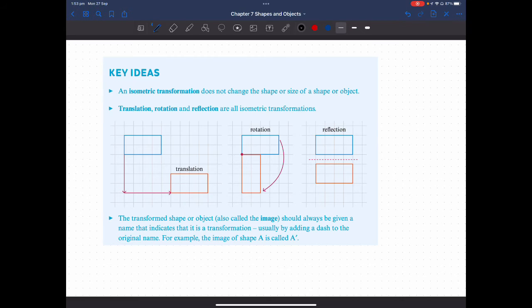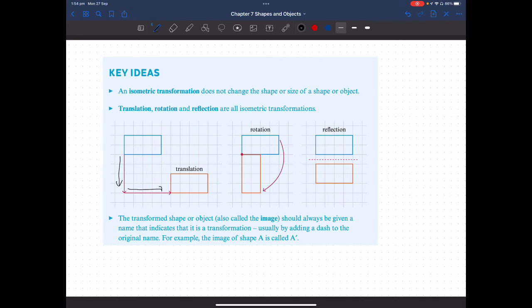If we're carrying out a transformation and the shape doesn't change its size, then it is called an isometric transformation. In the diagram, you're shown translations. Firstly, the blue rectangle is moved down, then it is moved to the right.